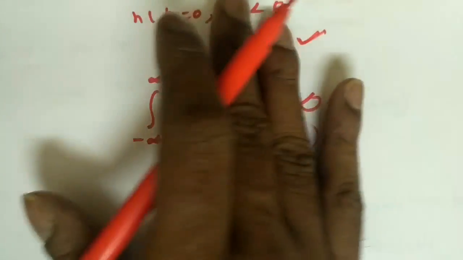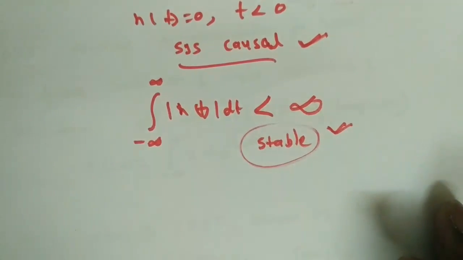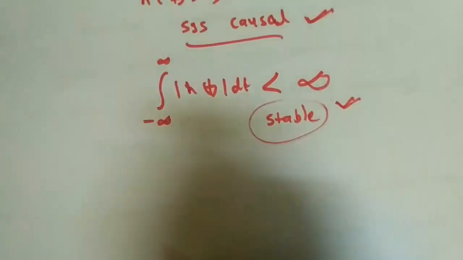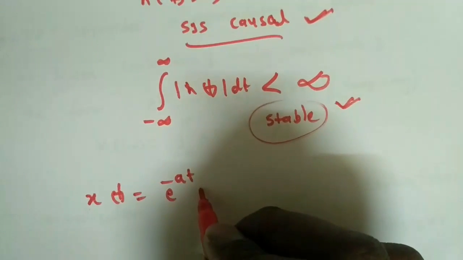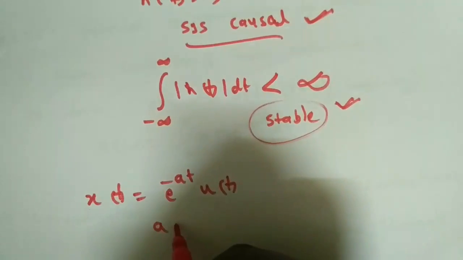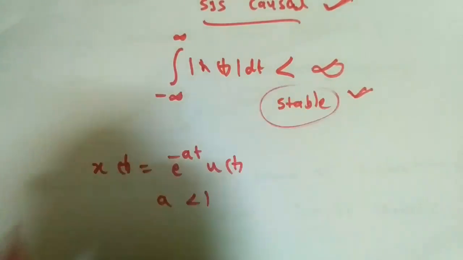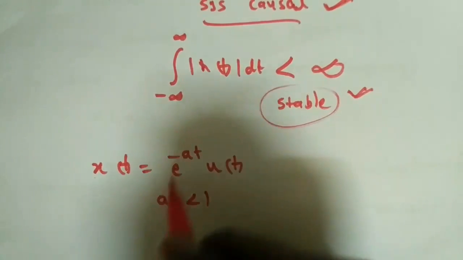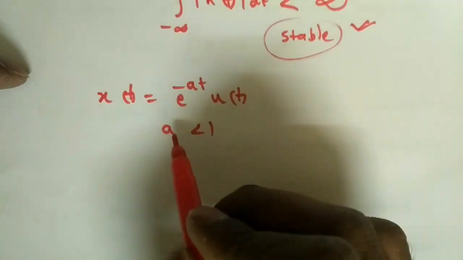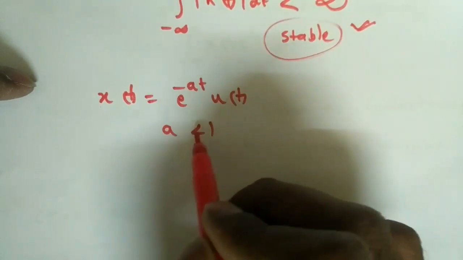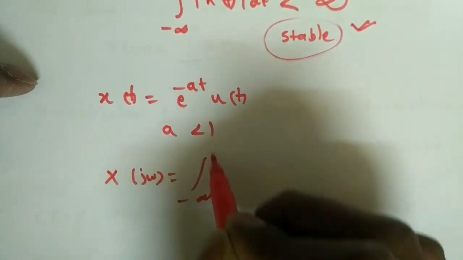Now, how can we relate causal and stable systems to the continuous time Fourier transform? Consider x of t equal to e power minus at u of t, where mod a is greater than 0. Then only can we apply the Fourier transform to this signal. Otherwise we cannot, because if a is negative the Fourier transform will become unbounded; it will not converge.